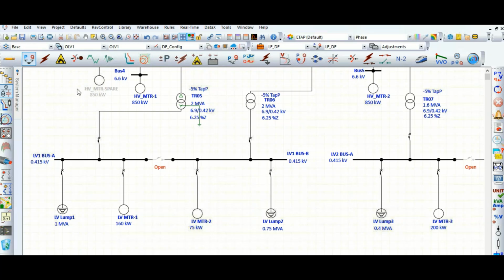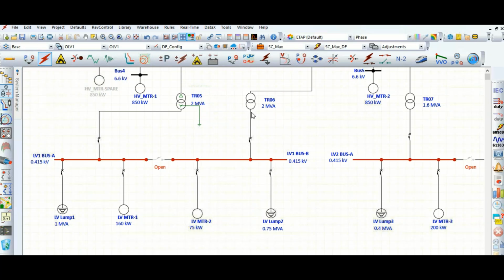Let's go to the short circuit mode and simply run the short circuit. Here, this is the 415 volt bus.